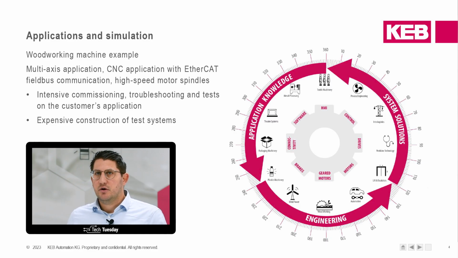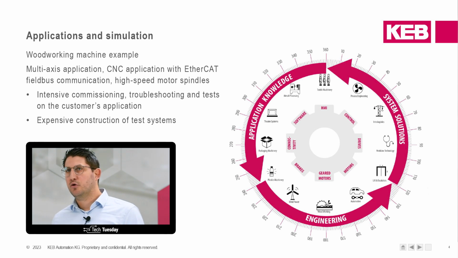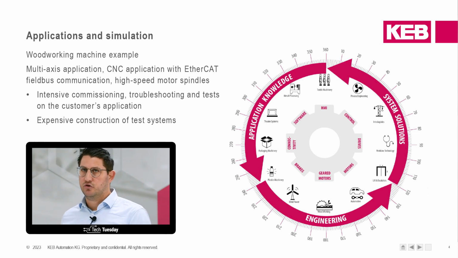KEB is well known in different applications with different portfolio solutions. I will introduce a short example of woodworking machines. A woodworking machine has many axes of CNC applications with fieldbus communication, for example EtherCAT, and the motor technology with high-speed motor spindles.